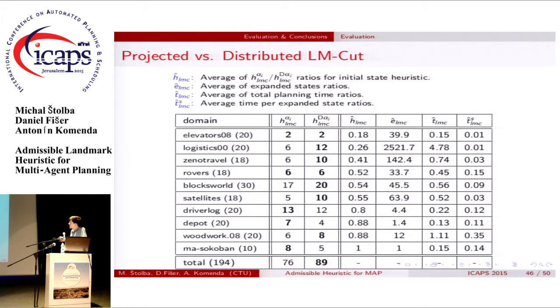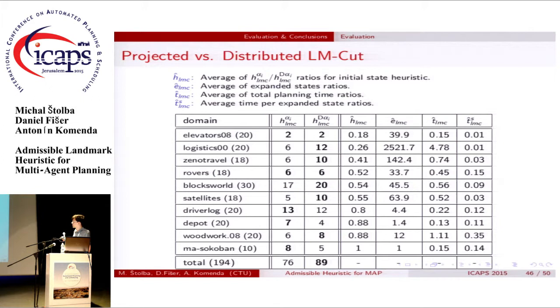What is interesting here, the next columns, is the ratio of the initial state heuristics, average for each domain. This is the same for expanded states, for total time per problem, and evaluation time per state. For example, interesting is this logistics domain, where we have much higher coverage, and it is because the distributed heuristic is much more informative.